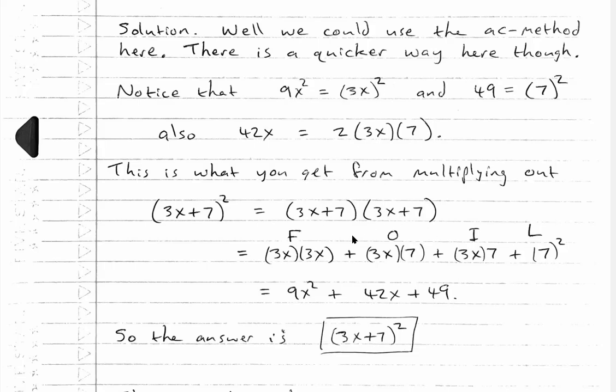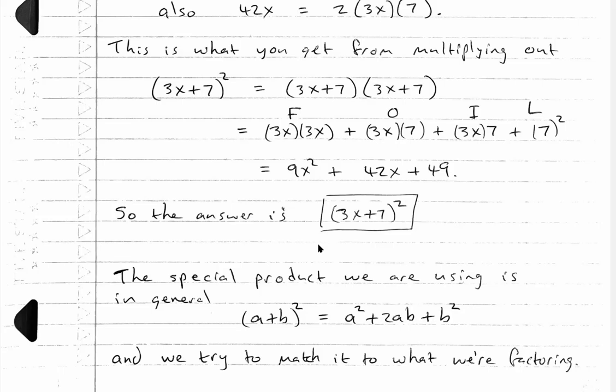Maybe that was confusing, but this is all just based on squaring the sum of two things. If you have a plus b, all of this squared, and you FOIL this out, you get a squared plus ab, that's 2ab, plus b squared from the last. So this is the identity we're using.